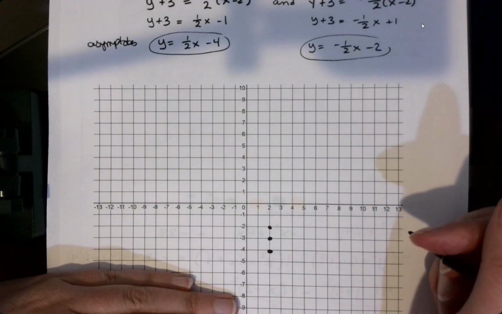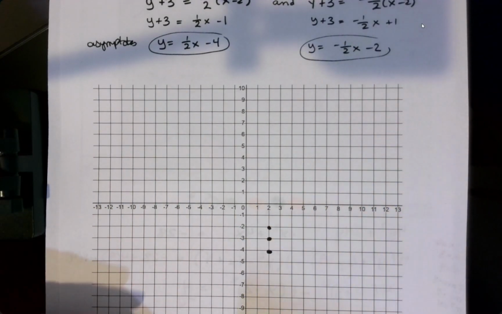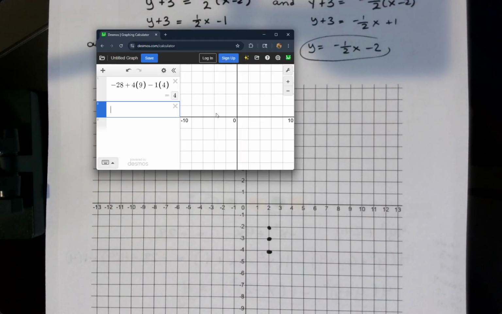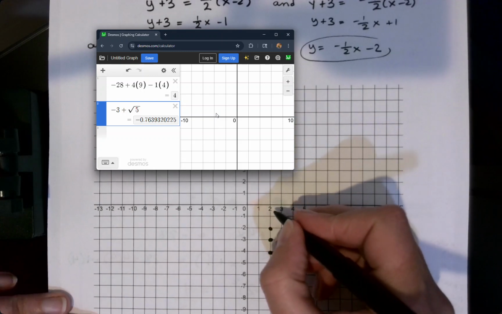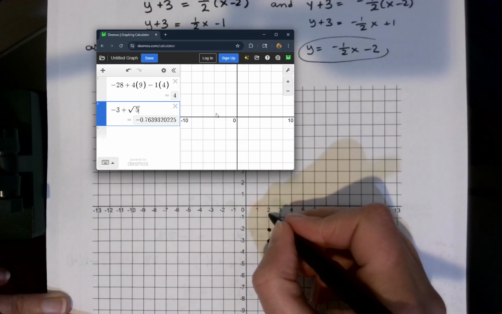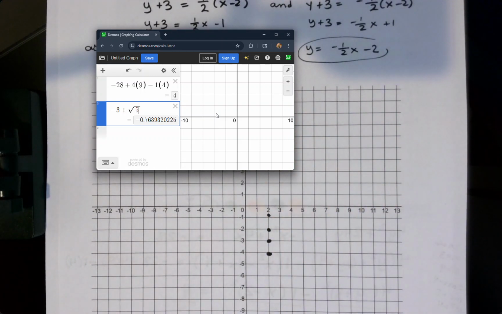And then our foci were somewhere else. So they just have to go up by a square root of 5. So I don't know what that turns out to be, but the y coordinates were -3 plus the square root of 5. So they were at about -0.7. So there's one of them. And the other one just would have had a minus square root of 5 instead.